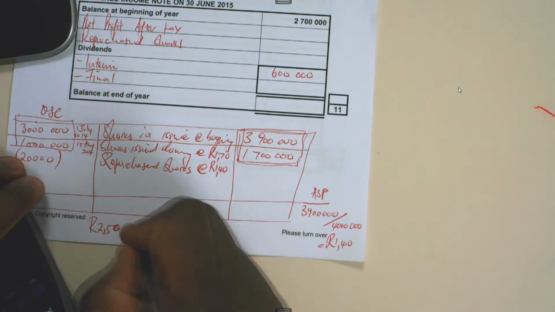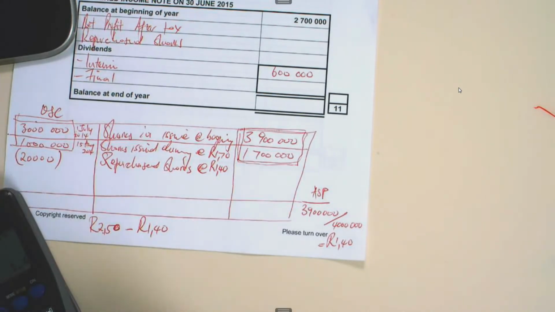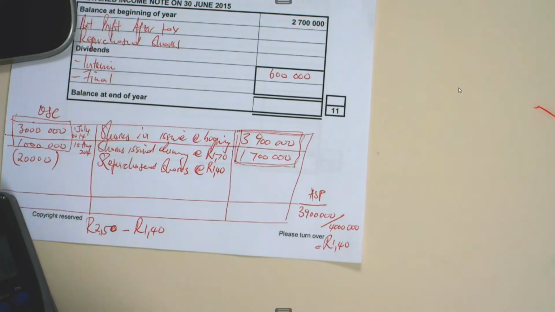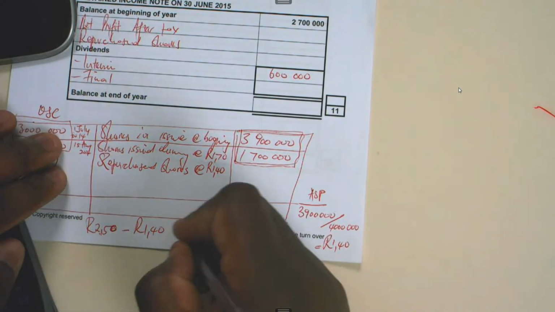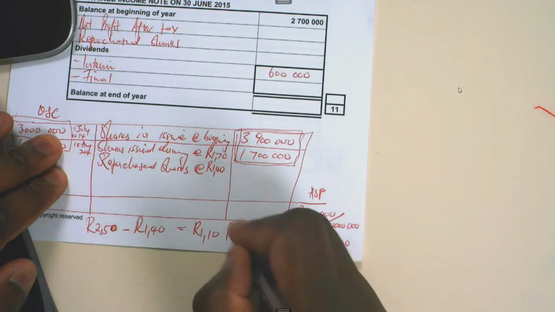Then we'll subtract that from the actual price at which the company repurchased these shares. Then you'll say R2.50 minus R1.40, you get R1.10. This is the difference.